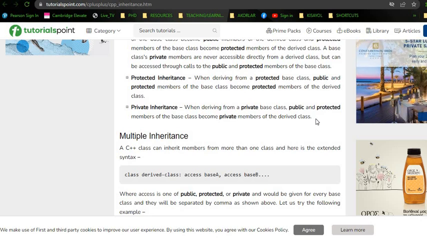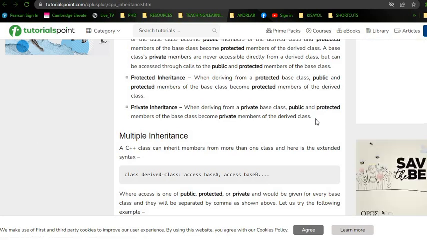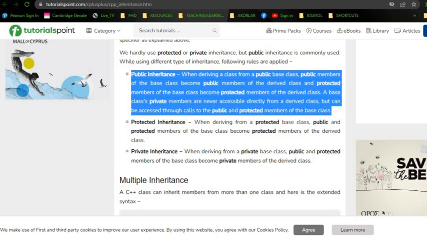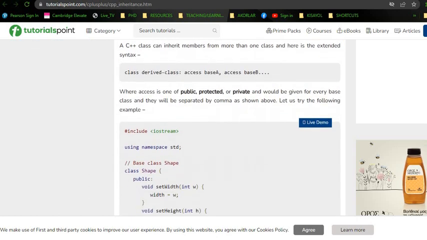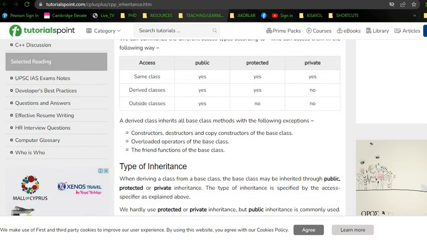In this case it is much more complicated to reach the base class. So for now I just advise you to use public inheritance, and if in the future we need the others, we can use them.